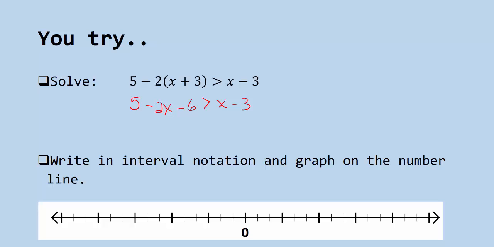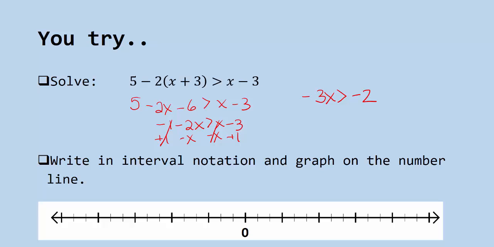So on my left side, I have 5 minus 6, so that's -1 minus 2x is greater than x minus 3. I'm going to move my x's so they're all on the left, and I'm going to move my whole numbers to the right. So I'm going to add 1 to both sides. So we basically end up with -3x is greater than -2.